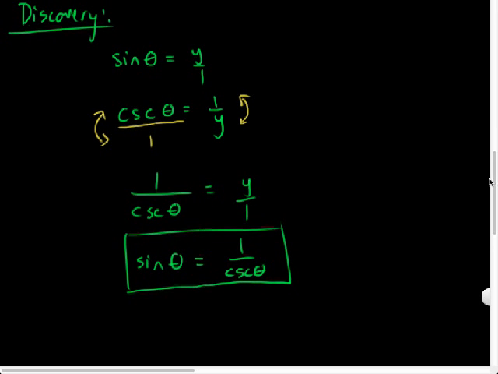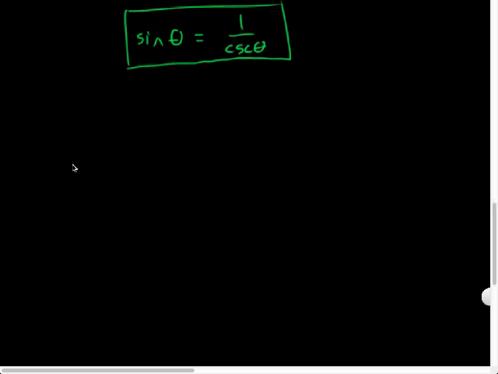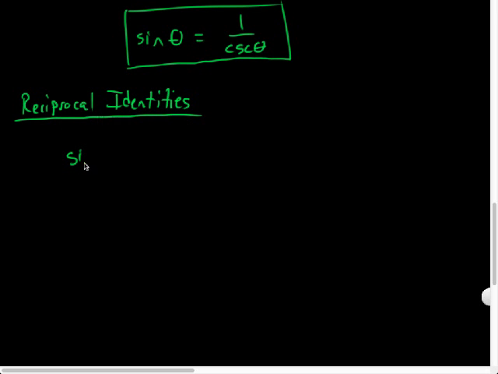And this type of identity is called a reciprocal identity. I'm not going to discover all of them for us, but I'll give them all to us. Why not, shall we? So the reciprocal identities are the following. I know that sine of theta is equal to 1 over cosecant of theta.